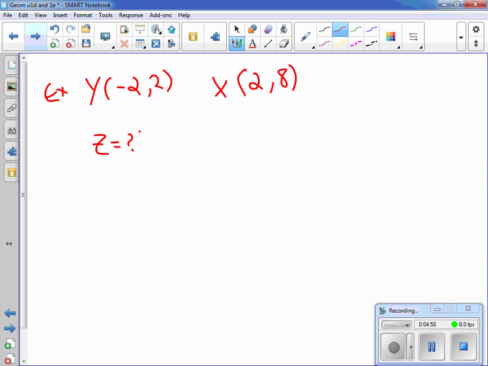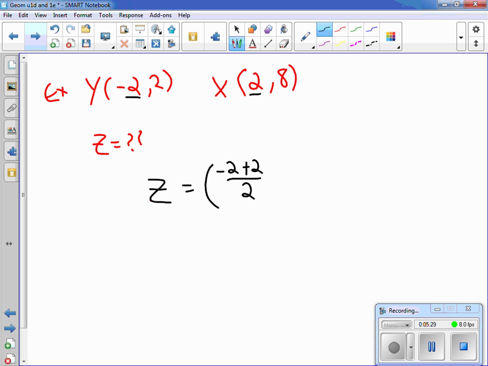So when we do that, we're going to plug into our formula. Our midpoint is going to be equal to our x coordinates, -2 plus 2, all divided by 2.